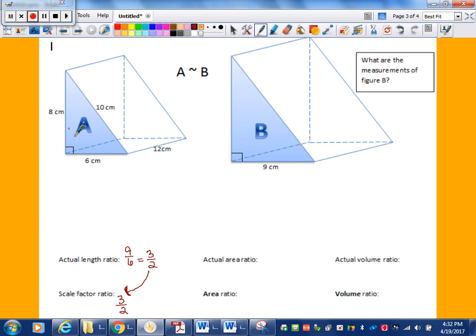So 8 times 3 over 2 would give me 12. And then 10 times 3 over 2 would give me 15. And then 12 times 3 over 2 would give me 18.